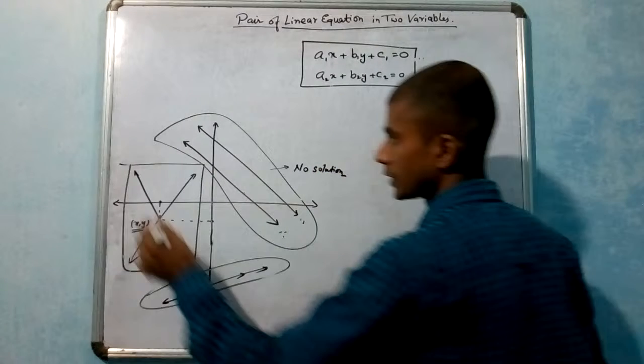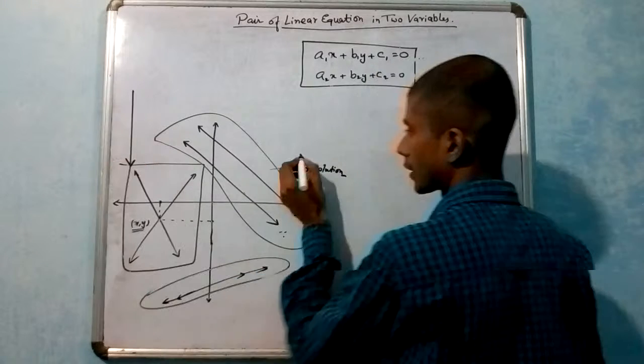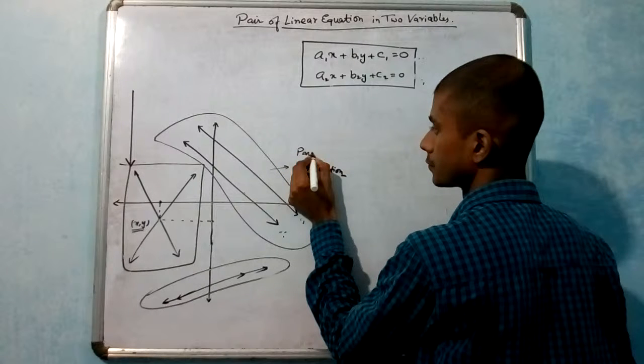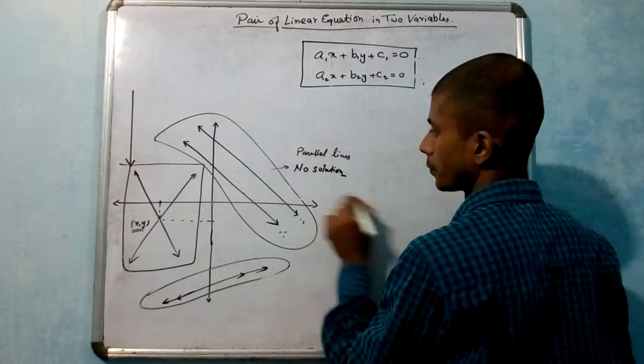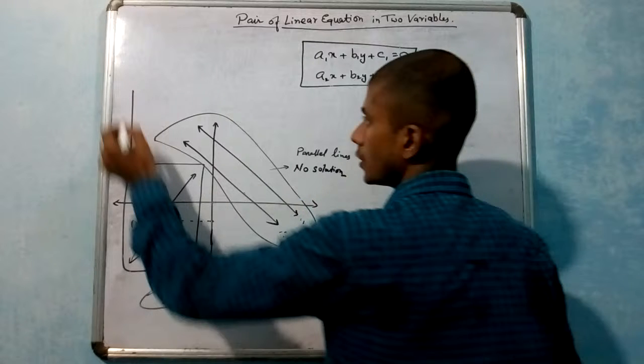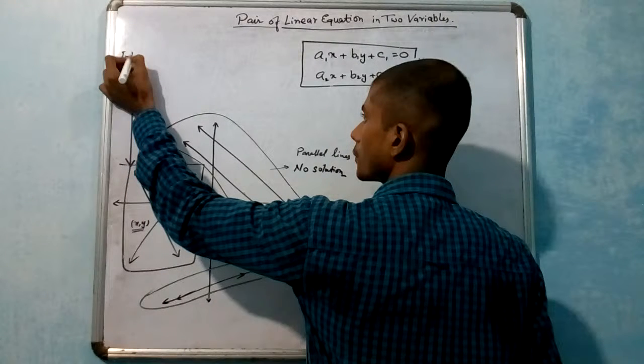Here we write: parallel lines, no solution. Intersecting lines, how many solutions?